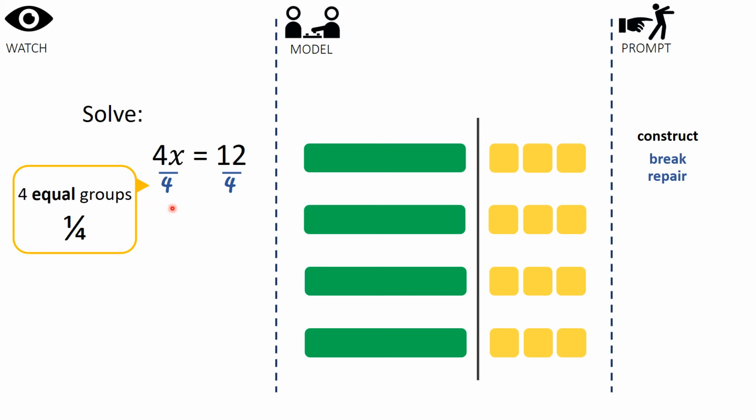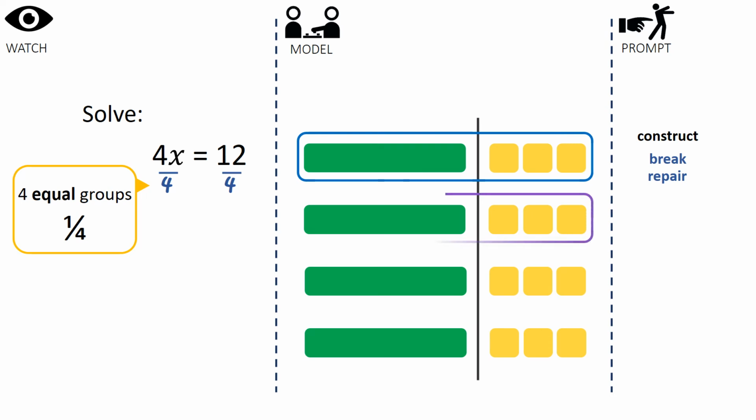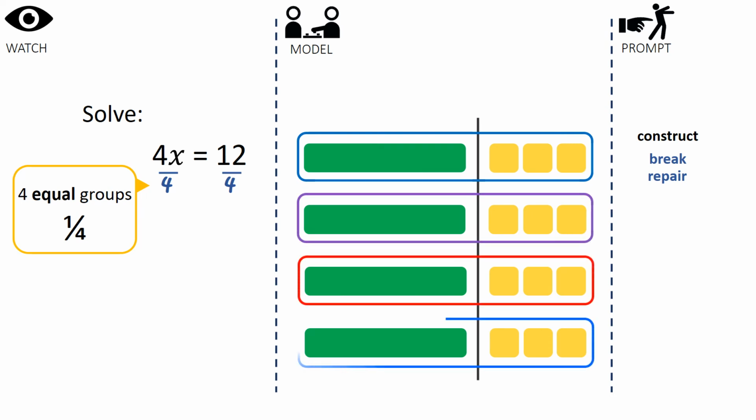And we write what we've done, we write that step on both sides of the equal sign. We can see that each group contains exactly the same, x equals 3.